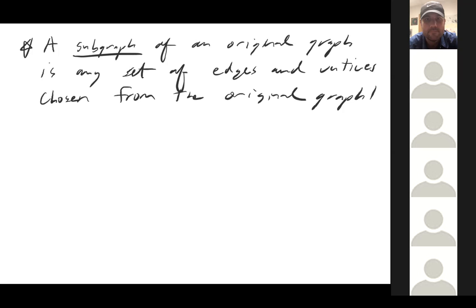That's it. A subgraph of an original graph is any set of edges and vertices chosen from the original graph.